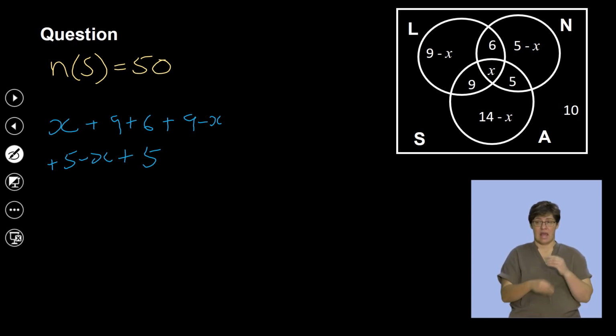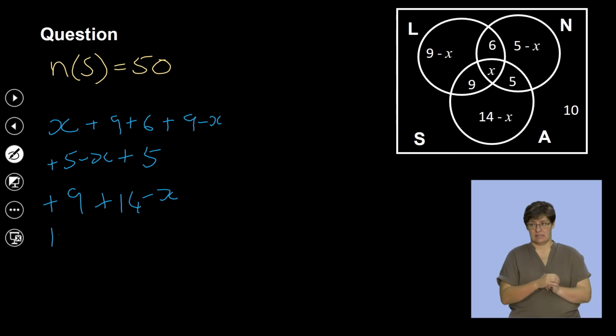I'm not going to add in the 6 because I've added in the 6 already. And I'm then going to say the only things that I've got left that haven't been added is 9 plus 14 minus x plus the 10, and all of this gives me 50.